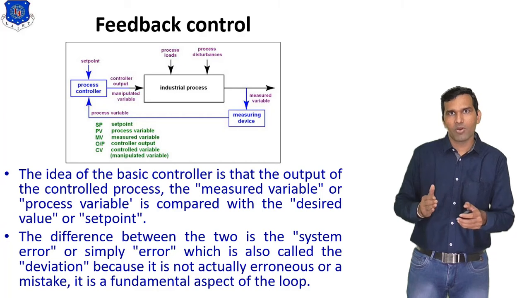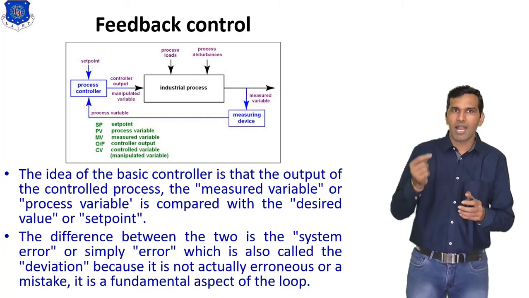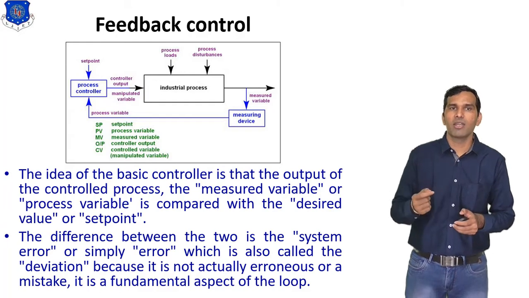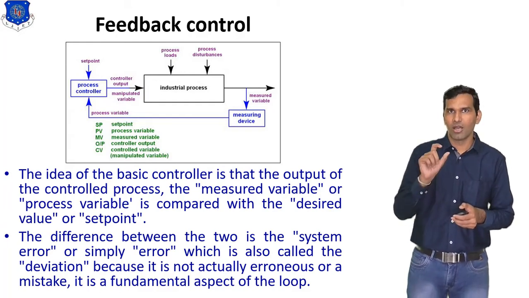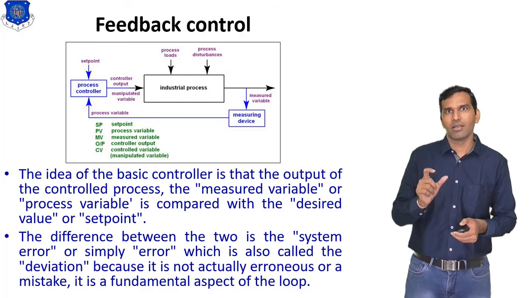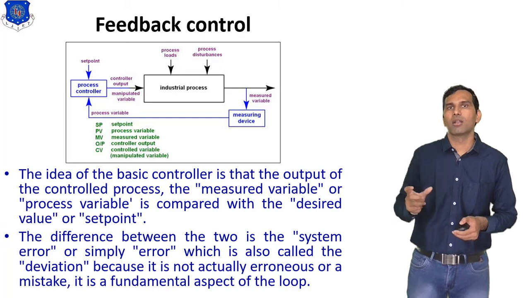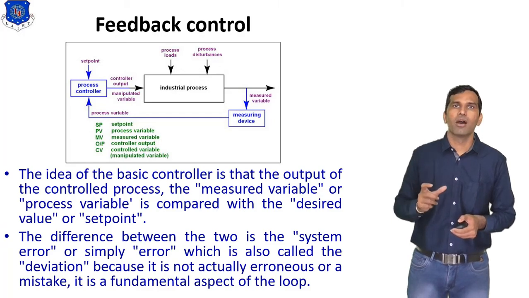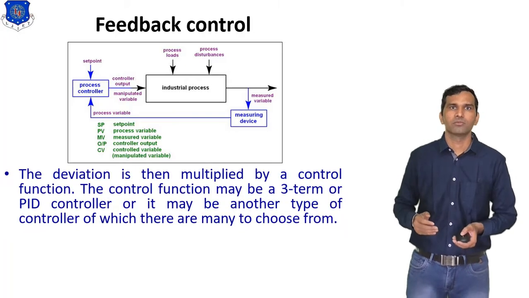The steps are simple. First we measure the difference between the desired value, or set point, and the process variable. That error is known as the deviation, and by using the controller we try to reduce the deviation value.